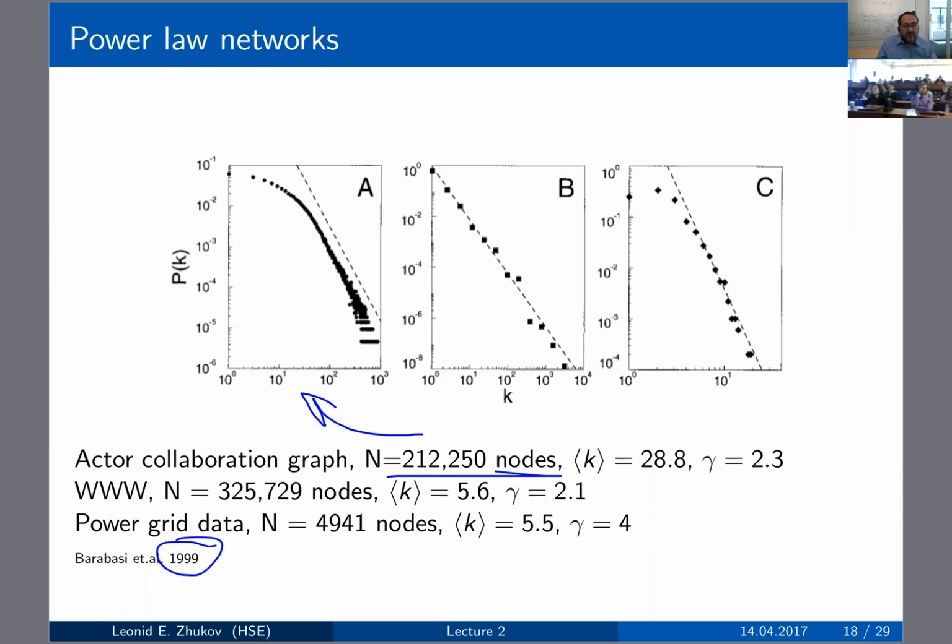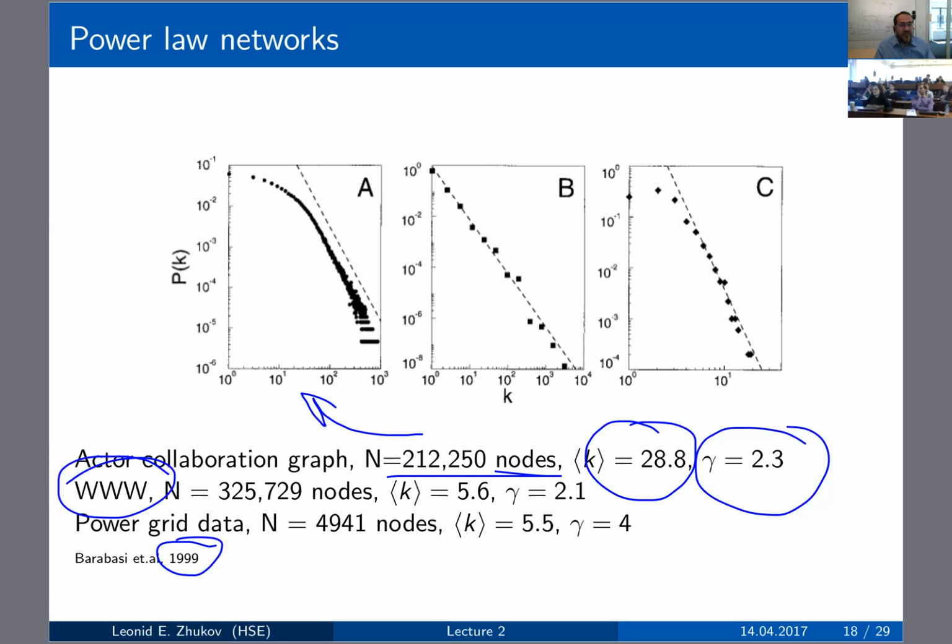For that graph, the average node degree is 28. So on average, an actor was in movies with 28 other actors. And if you calculate gamma for this graph, it's 2.3. Now, there is this sample of the World Wide Web.